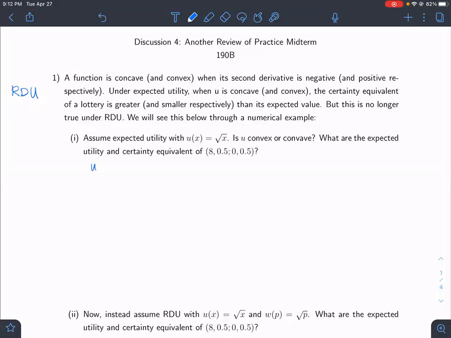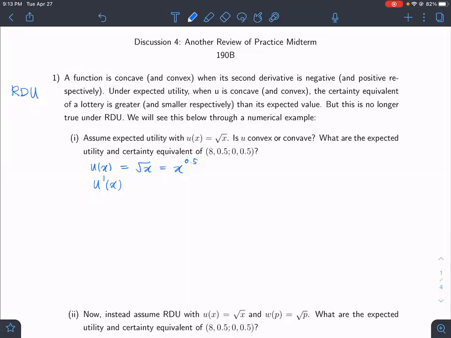In the last discussion, I guess. So u(x) is square root of x, which is x to the power 0.5. Is it convex or concave? We need to determine the second derivative, and to determine the second derivative, we need to know the first derivative.